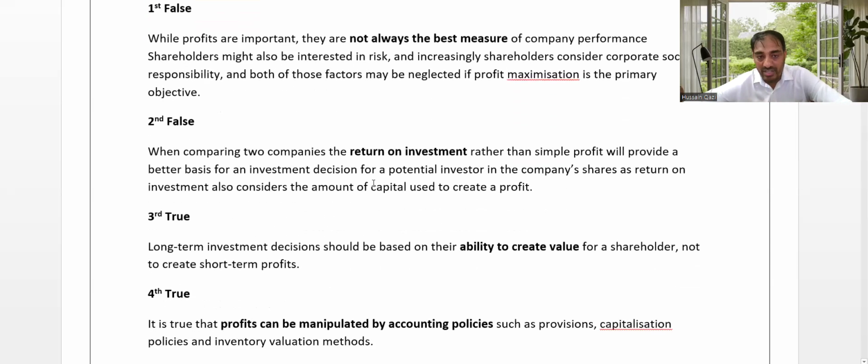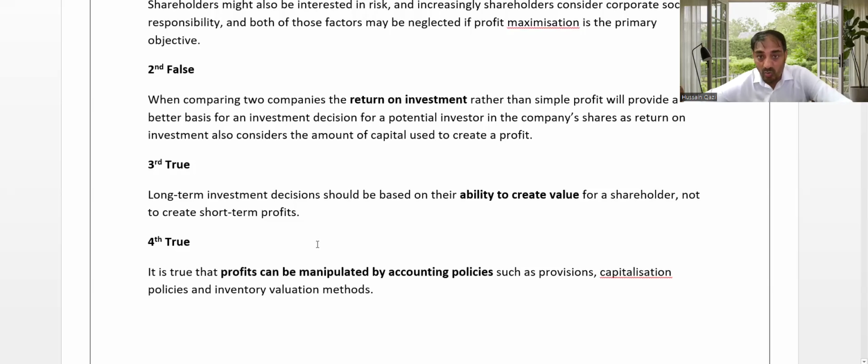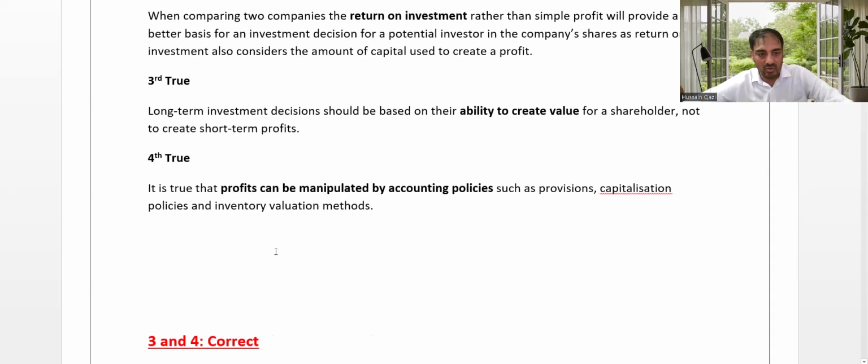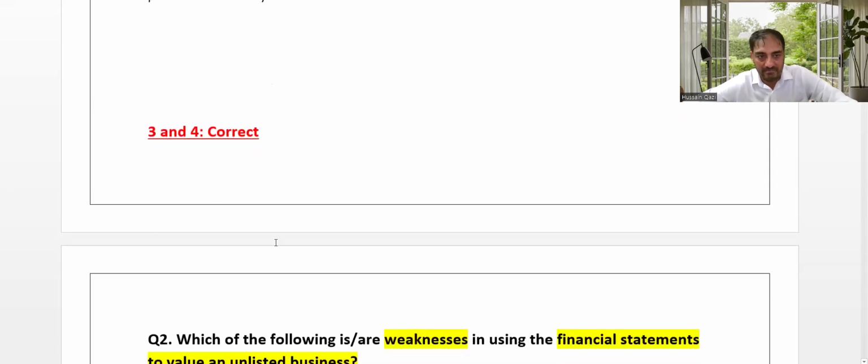The second statement is false, why it's false. The third is true, why it's true. The fourth is true, why it's true. That is called the quality practice. You need to be well aware about that, why the statement is false and why the statement is true. Okay, so this is about the first question. So that's third and fourth is correct.